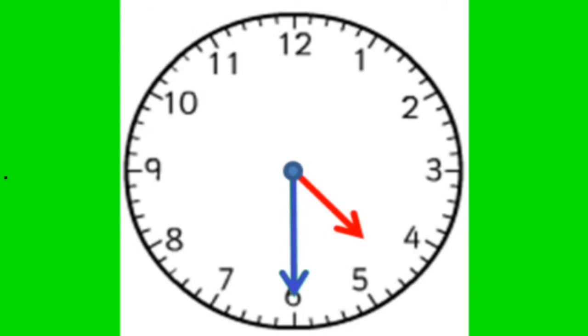this example right here. You can see the hour hand is pointing towards 4 and the minute hand pointing towards the 30. I told you, once you see the minute hand pointing downwards to 6, it means it's what? 30. Good. So what then is this time? Is it 4 o'clock? No. The time is what? 4:30.